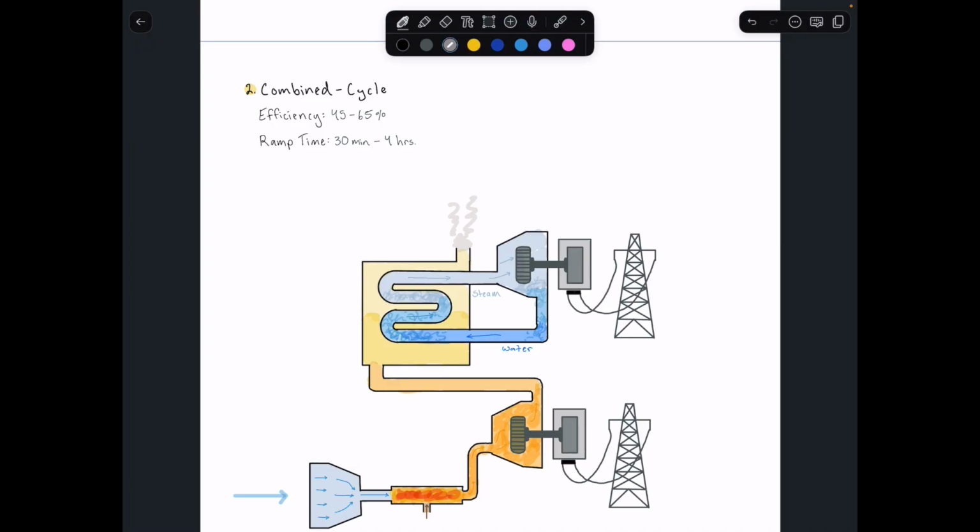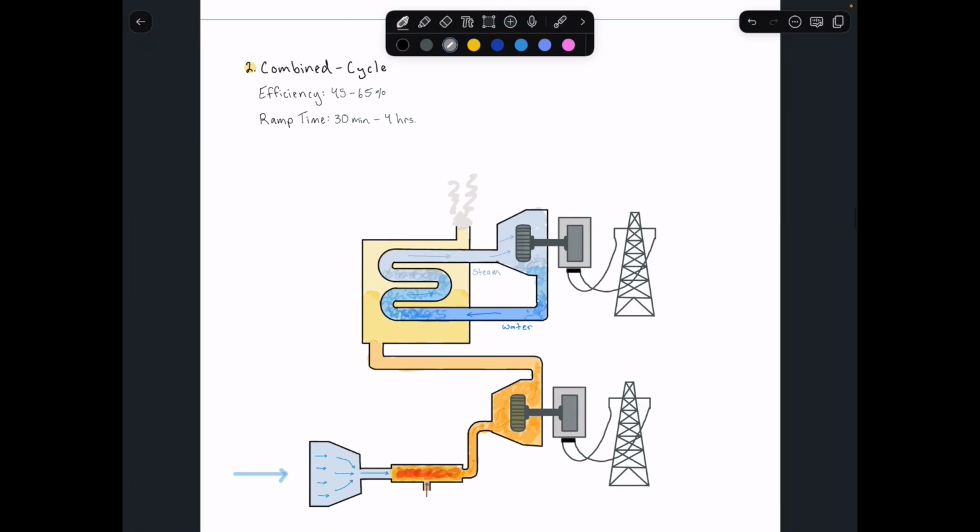So first, here, similar process. There's air intake. It is compressed. There is natural gas injected here.